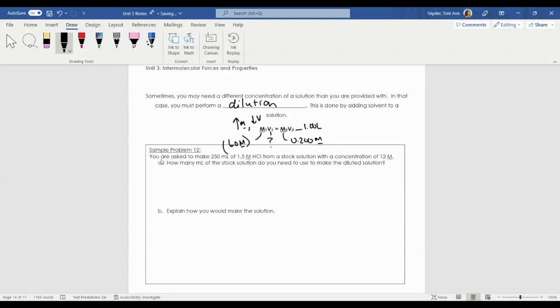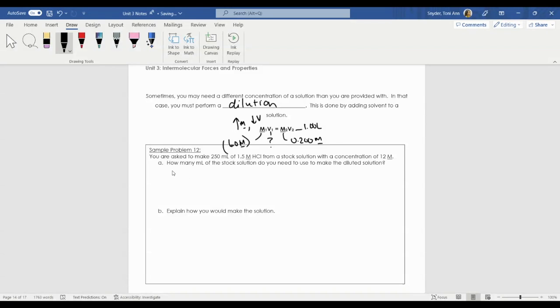So here's a great example. You are asked to make 250 milliliters of 1.5 molar hydrochloric acid from a stock solution with a concentration of 12 molar. How many milliliters of the stock solution do you need to make the diluted solution?